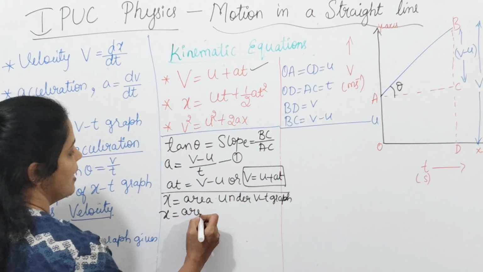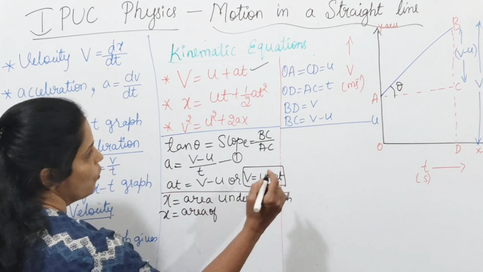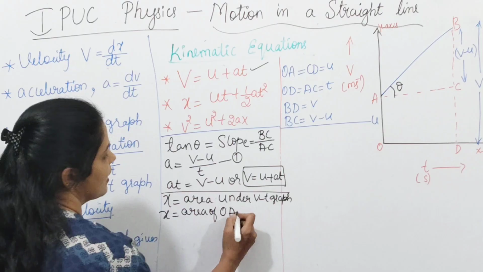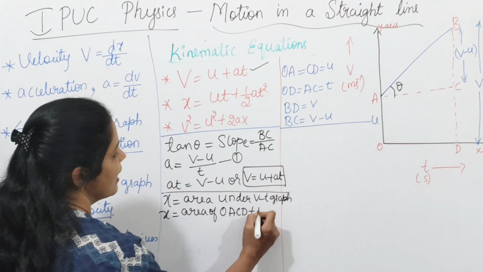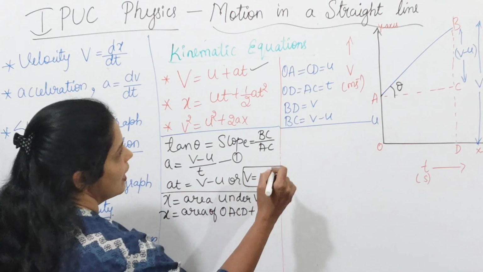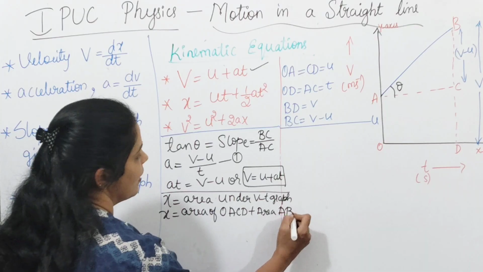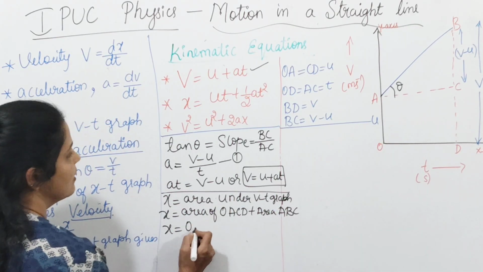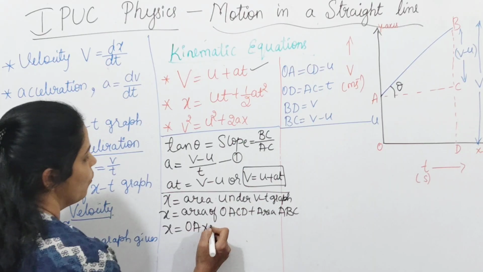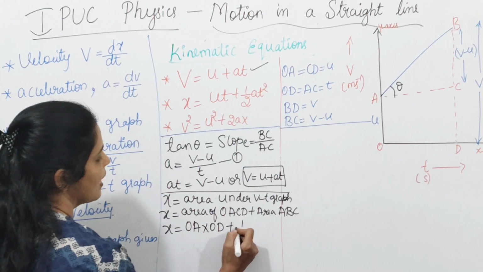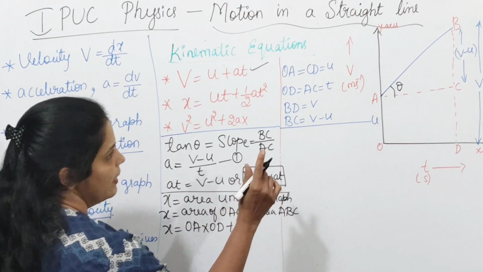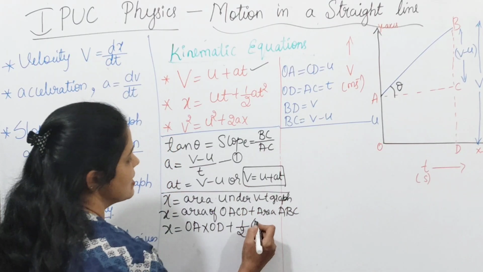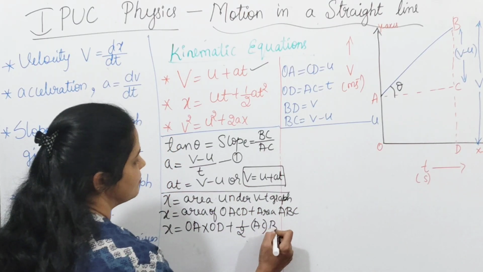So first let us write the area of rectangle OACD plus the area of triangle ABC. The area of a rectangle is length into breadth, that is OA into OD, plus the area of a triangle is half into base, that is AC, into height BC.